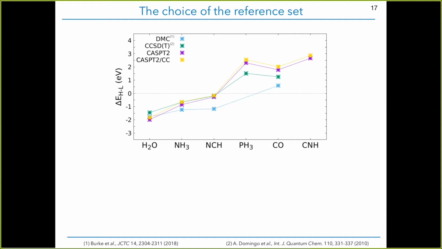In one case, the active space, for example for CASSCF calculations, and for diffusion Monte Carlo, the trial wave function. There is a series of very nice works by Droghetti about diffusion Monte Carlo calculations of delta E. And we can see that there is a dependency on the trial wave function. I think this is still an open debate in the scientific community, which method one should use.